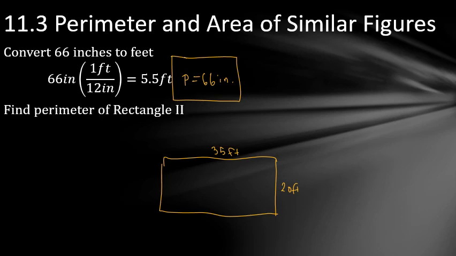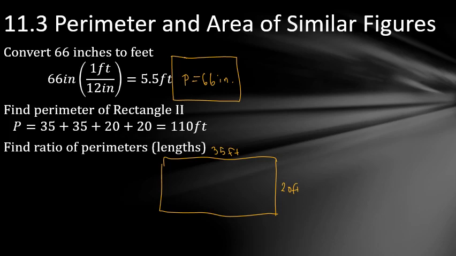And we can find the perimeter of rectangle 2. It'll be 35 plus 35 plus 20 plus 20, or 110 feet. So now I can find a ratio of the perimeters, which is a ratio of the lengths. 5.5 over 110 reduces to 1 to 20.